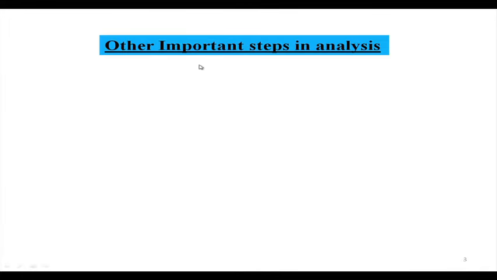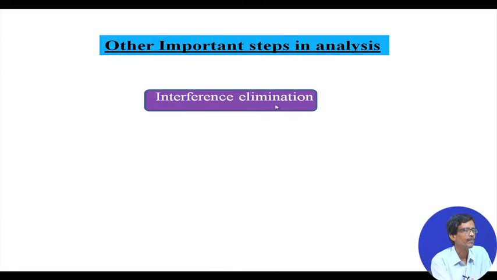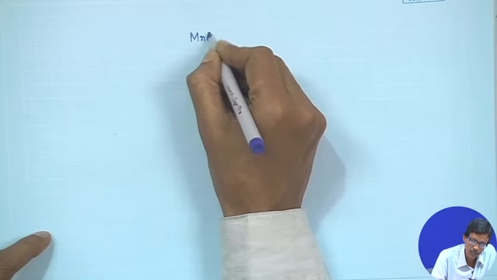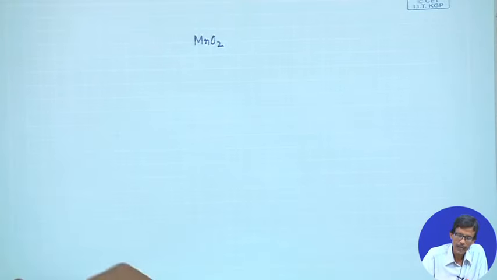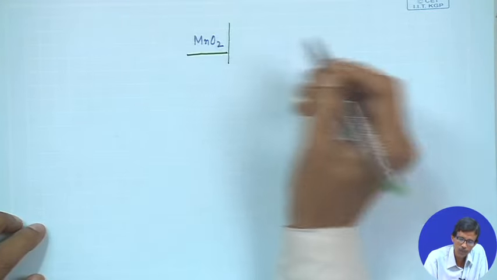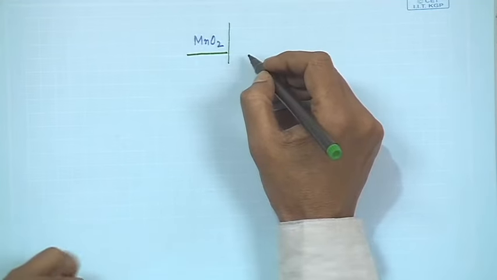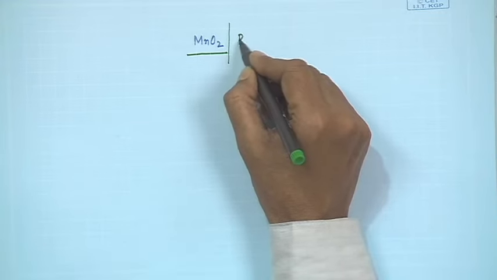Then several other important steps we can follow for this particular analysis, where we have interference. If we have manganese dioxide, that means pyrolusite as the ore, it is a black powder, and depending upon its source, that means which mine is giving this pyrolusite, we get this black powder.